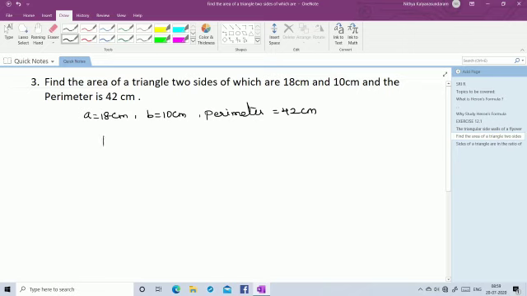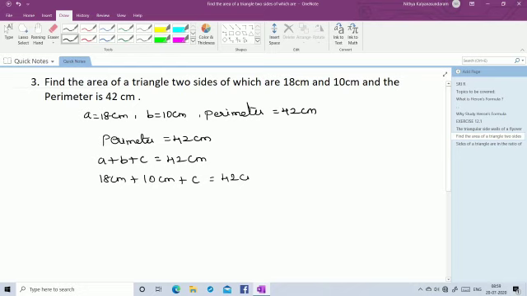So perimeter is equal to 42 centimeter. That is A plus B plus C is equal to 42 centimeter. A is 18 centimeter, B is 10 centimeter, C we don't know. That one we want to find out now, so keep it as it is.